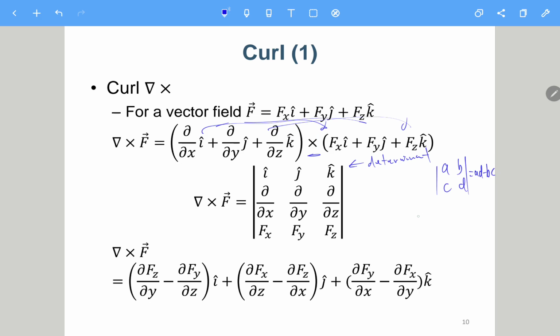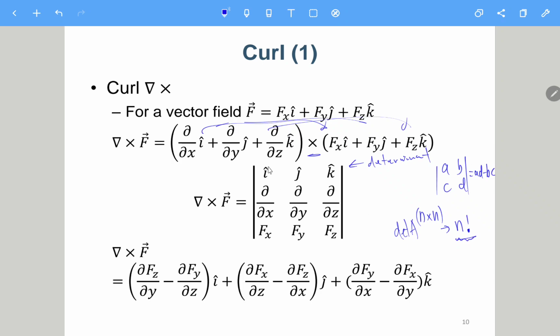Which means if we have an n times n matrix and you need to calculate its determinant, then it will have n factorial terms. Up to 3 times 3 it is still easy. 3 times 3 is 3 factorial, which is 6.